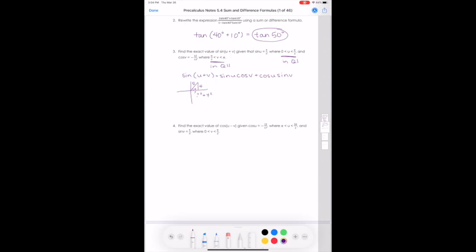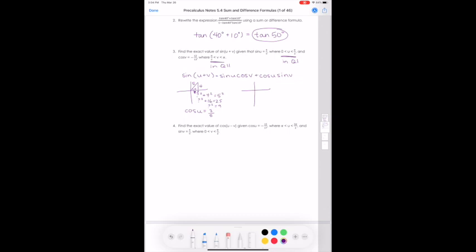So to find that, I'm using the Pythagorean theorem to find that missing side, because cosine is adjacent over hypotenuse. That gives me a value of 3 for the adjacent side, and then the cosine is 3 over 5.